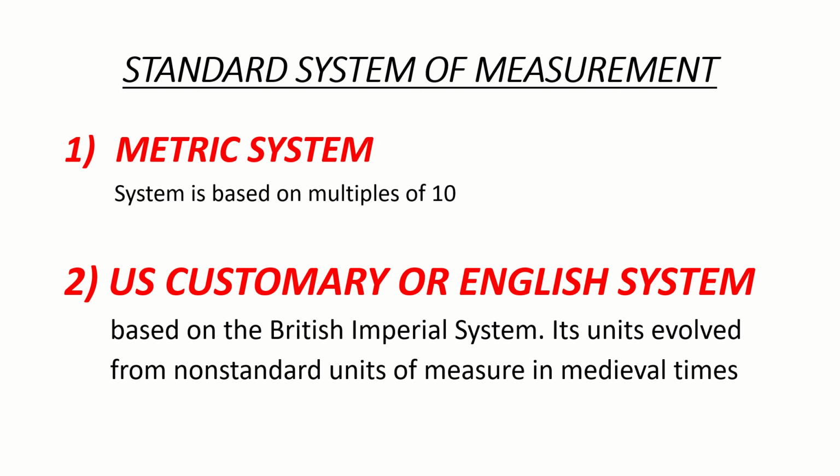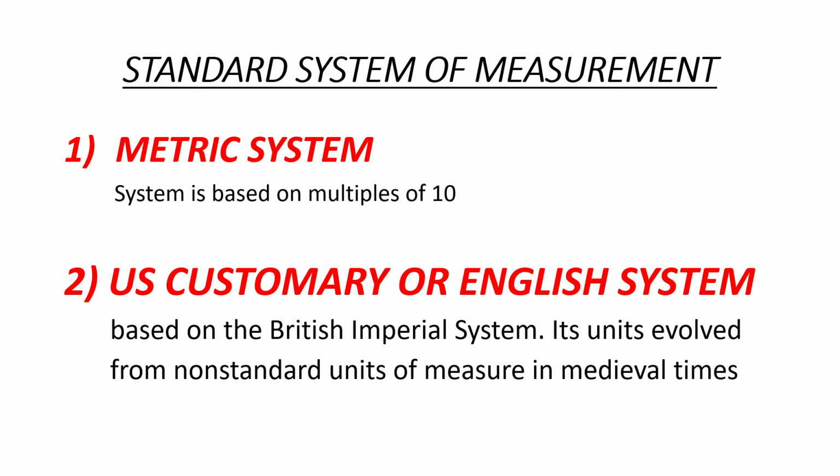For example, some materials before like wood, kernel of corn, and the like. From time to time, it already evolved. There's a standard already given to us by the British imperial system, and that becomes our US customary or English system. They were originally coming from those non-standard units.